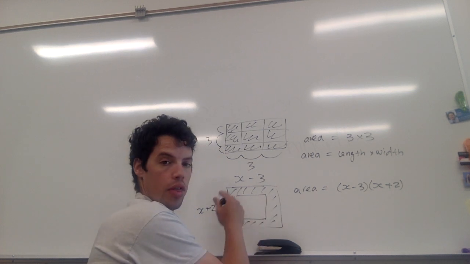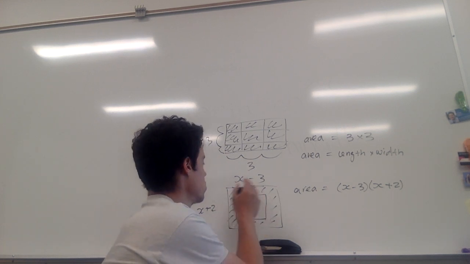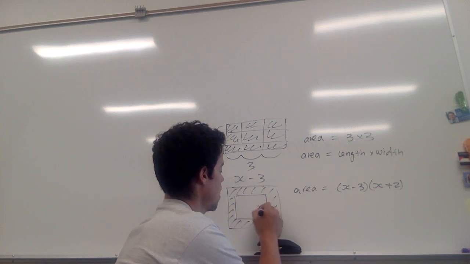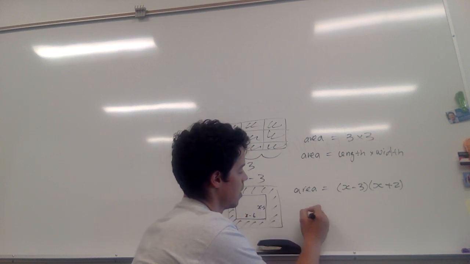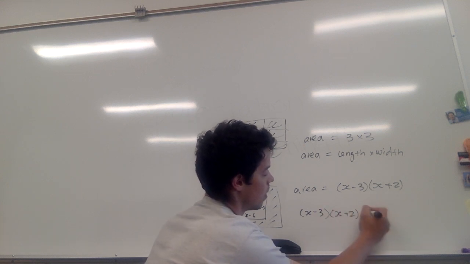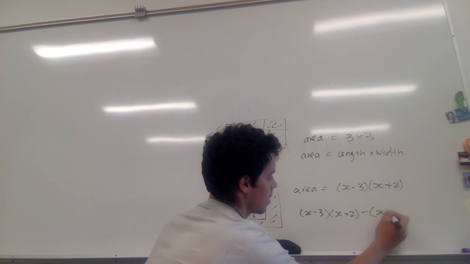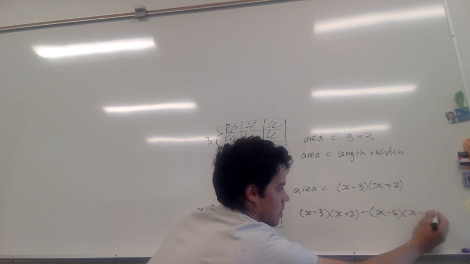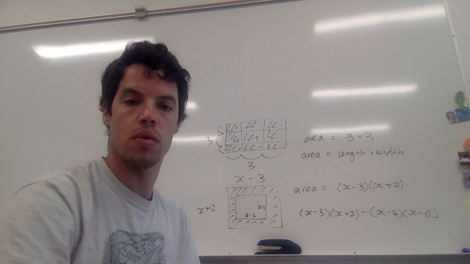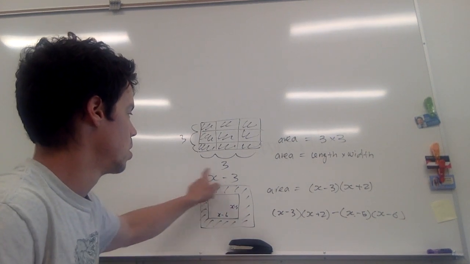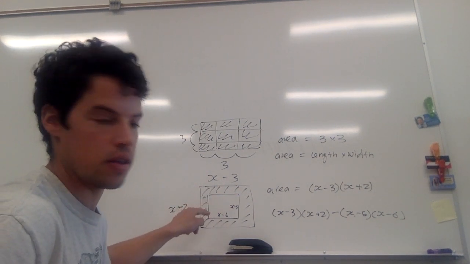We take the area of the whole thing, you subtract the area of the middle thing, so let's say this is x minus 5, this is x minus 6, so you'd have x minus 3 times x plus 2 minus x minus 5 times x minus 6, and you just FOIL that out. My computer went off, but you just FOIL that out. That's it. So when you look at one of these problems, you get the area of the bigger thing, you subtract the area of the smaller thing.